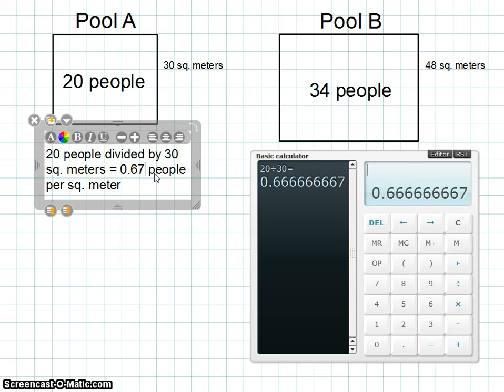So 0.67 people per square meter, this whole information here, that's the population density, not just 0.67 people, because we're not talking about people, we're talking about people for each square meter, right? So 0.67 people per square meter, that's the population density for pool A.